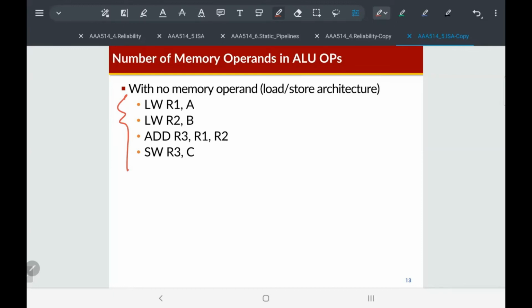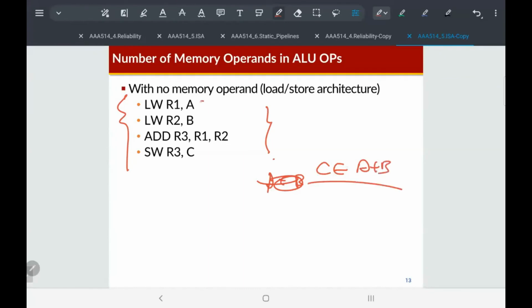The data access to the main memory is supported by data transfer instructions, like load or store instructions.